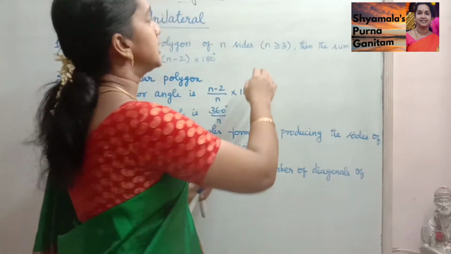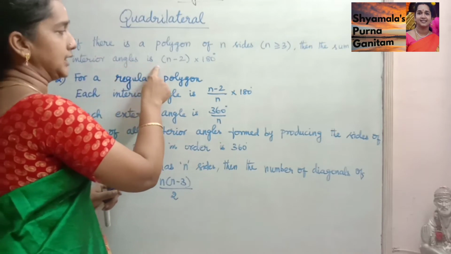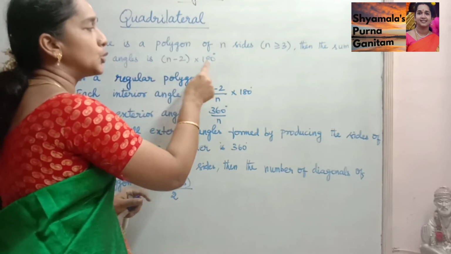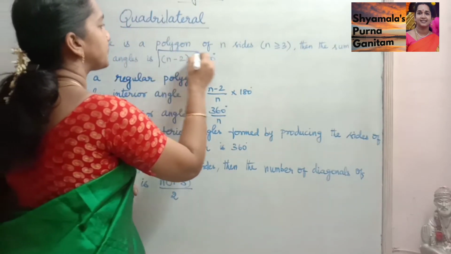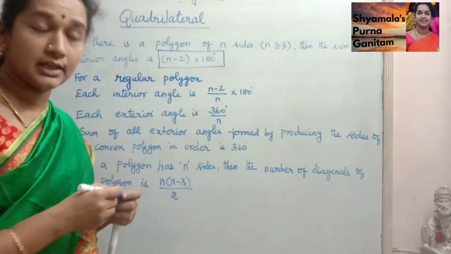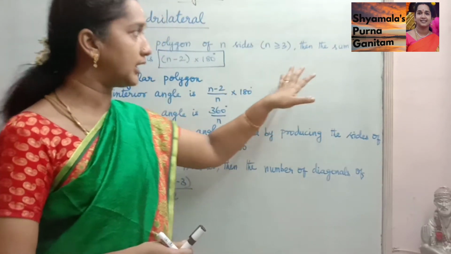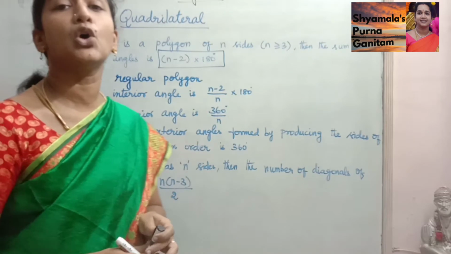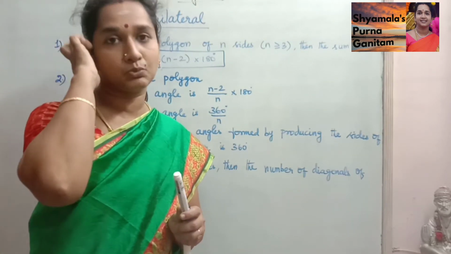So if a polygon has n sides, then the sum of all interior angles is (n minus 2) into 180. If we know this formula, whatever number of sides is given, we can find the sum of interior angles.